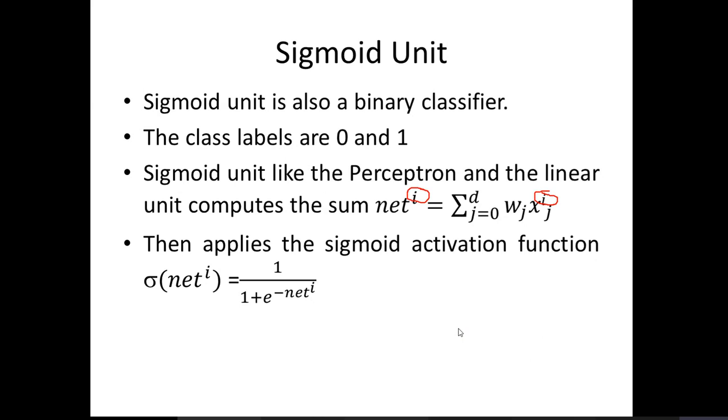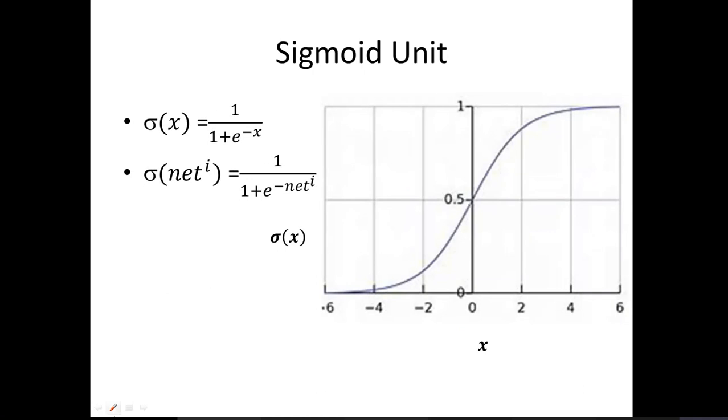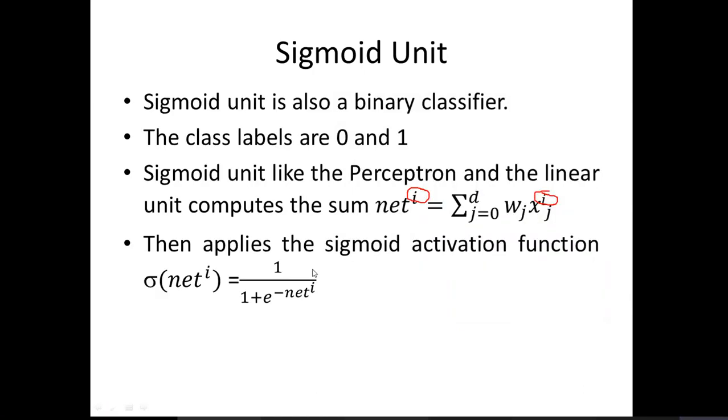And then the sigmoid unit differs in the way it applies the activation function. Here we introduce another term, activation function. The activation function is a sigmoid function. That's why it's called a sigmoid unit.